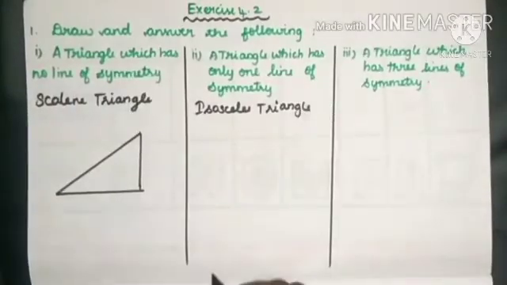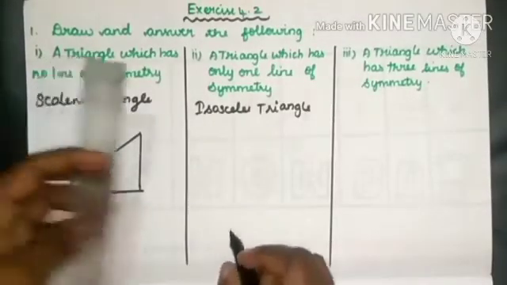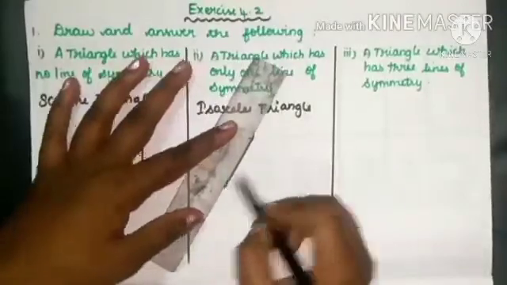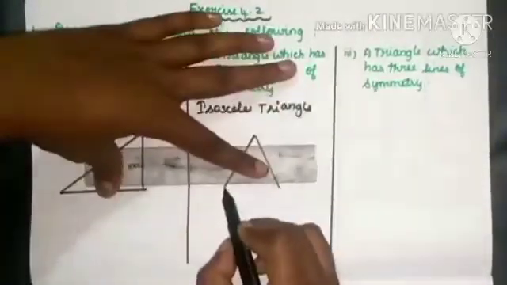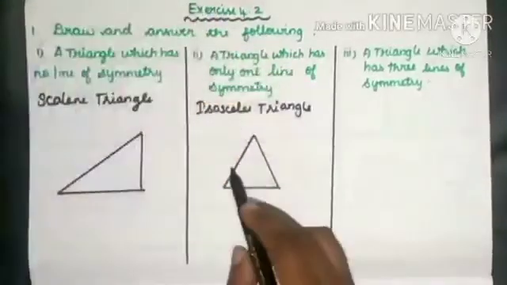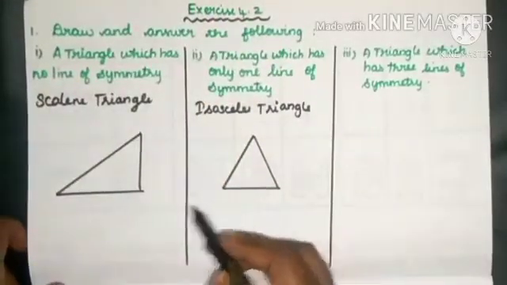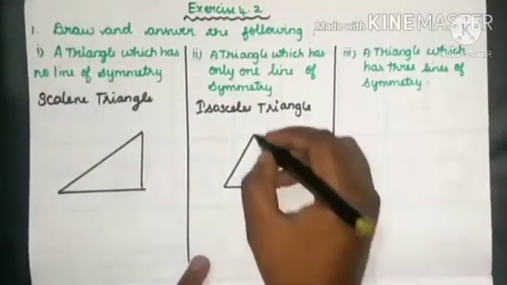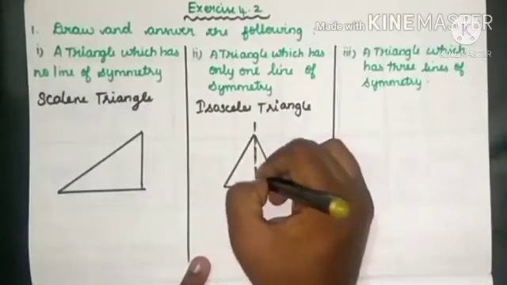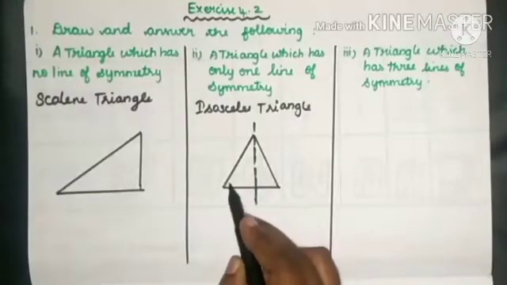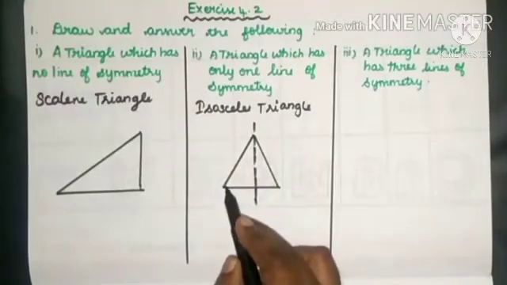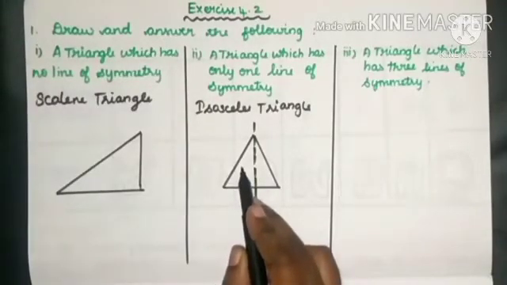As you already know, an isosceles triangle has two sides equal and one side different. If we cut it vertically, it divides into two equal parts. So an isosceles triangle has only one line of symmetry.